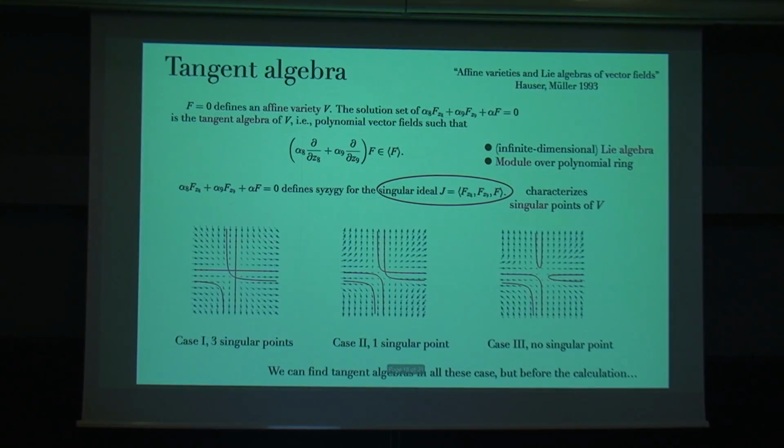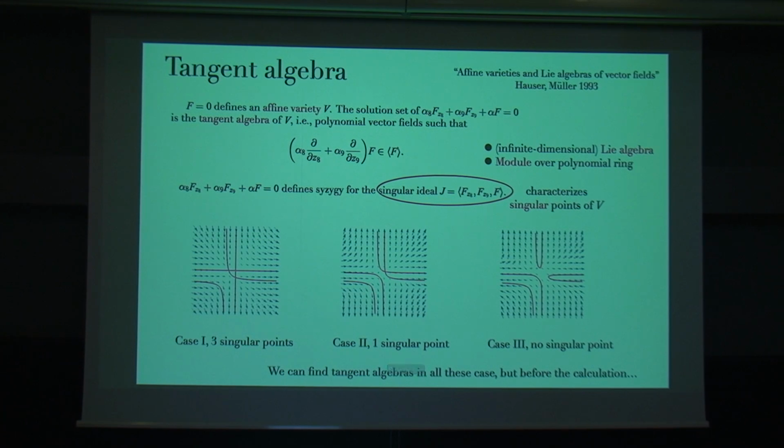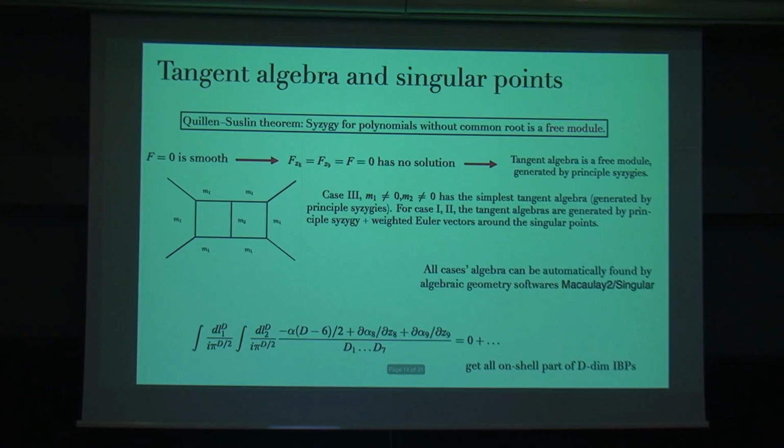For the massive case, you can find this kind of syzygy solution just by hand. You don't need to do any kind of calculation. And for the massless case or one mass case, you need some calculation. But anyway, here is just some geometric explanation of solving the equations.